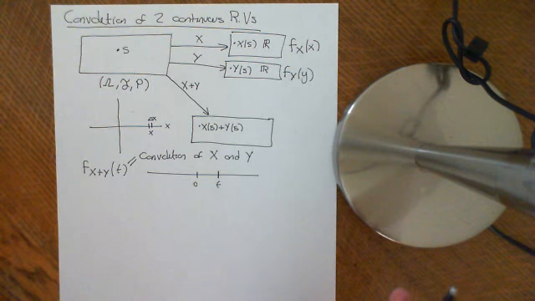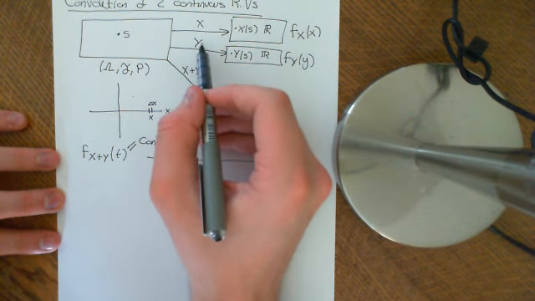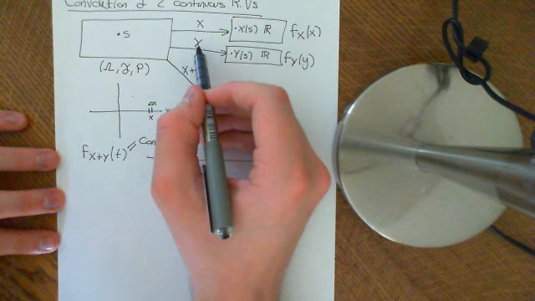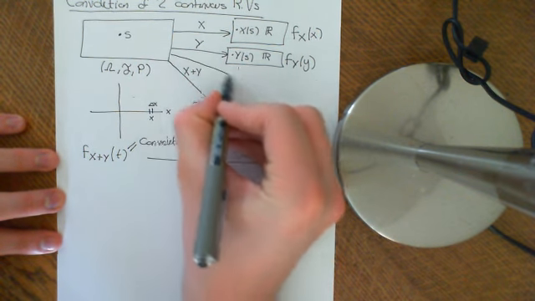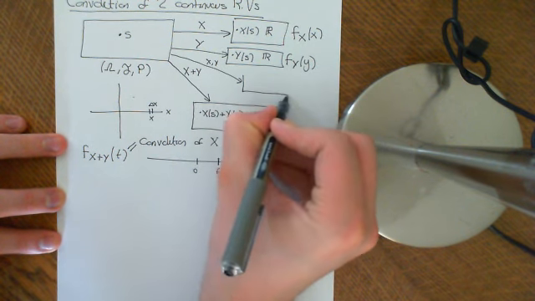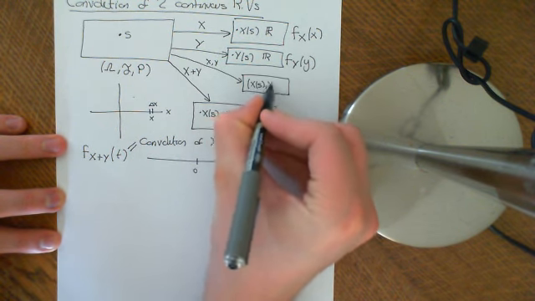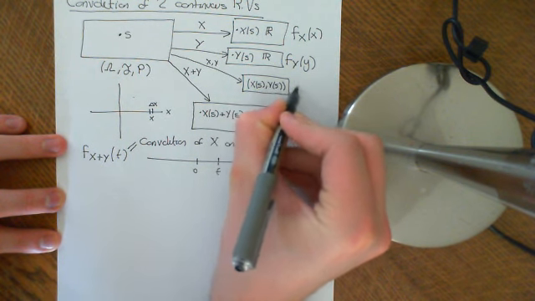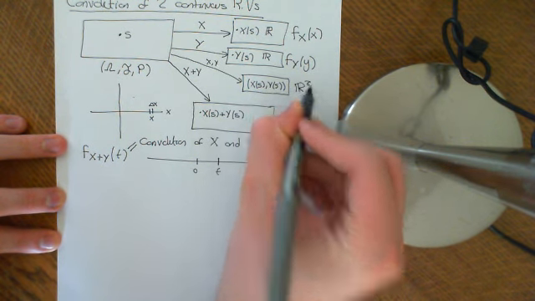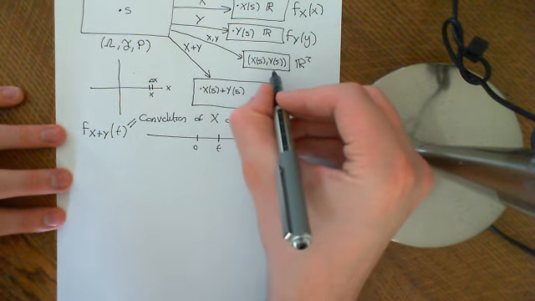Okay, so let's try and work out what this probability density function is then. A good way to do this is to think of these as being a joint random variable. Together, they can be thought of as a joint random variable, X and Y, which ascribes to each outcome an ordered pair, X of s, Y of s, which is an element of R2 over here.